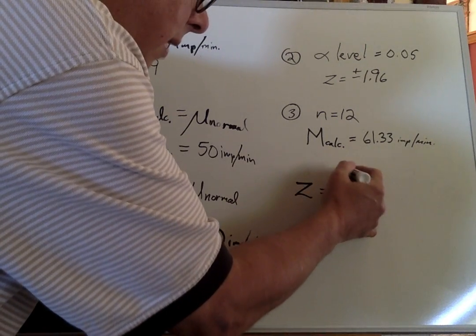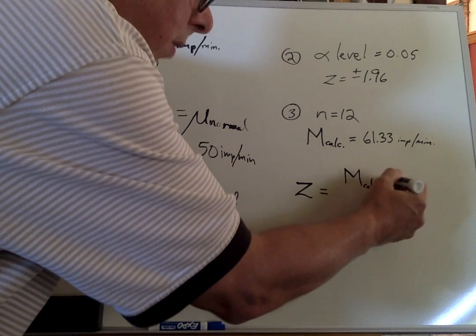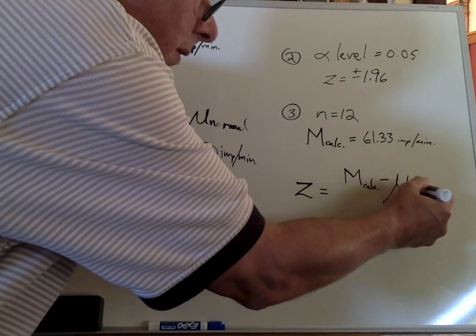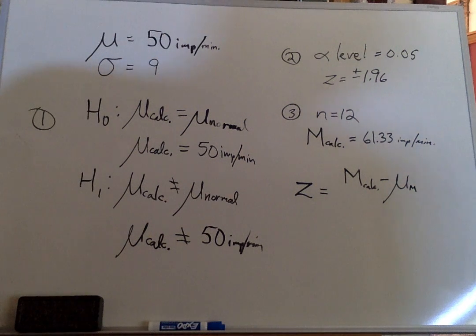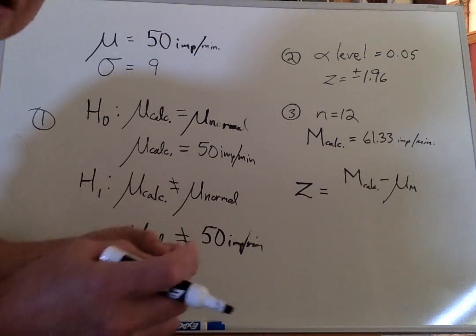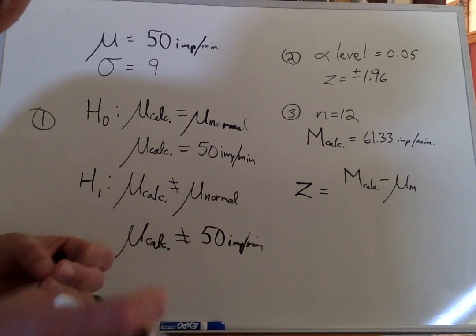We're going to take our mean for the calcium and compare it to the mean of the samples of normal neurons, okay? Even though this is subscripted with calcium, we're trying to make a decision. Do they look like they're normal, right? Do they look like they're normal?